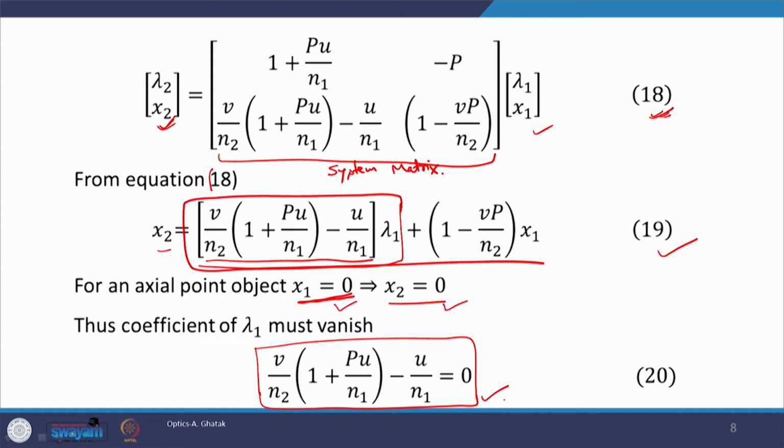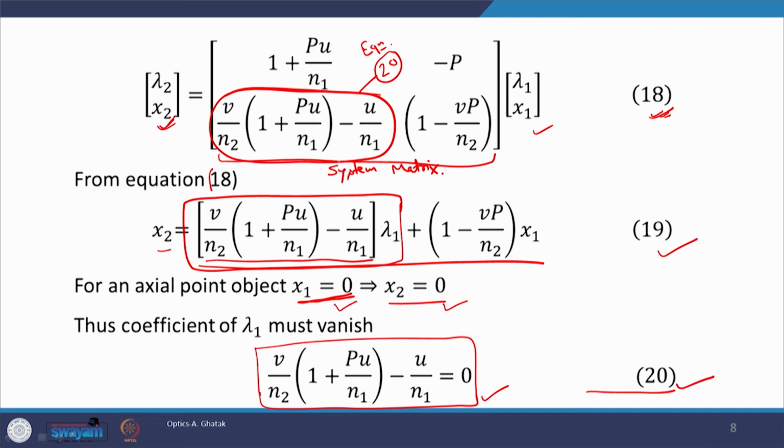Let us go back again. What we did, we substituted this term. What does equation number 20 represent? Equation number 20 represents this term of the matrix. We equated this term of the matrix to 0, and this constitutes equation number 20, and this gives a valid relation which we derived earlier.